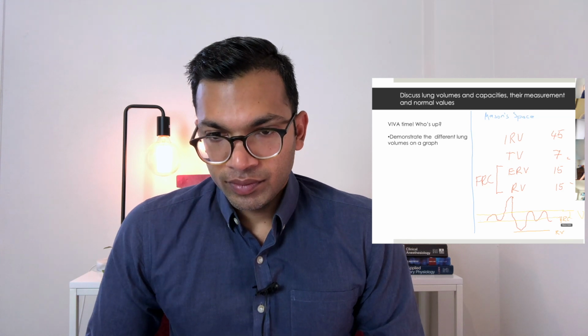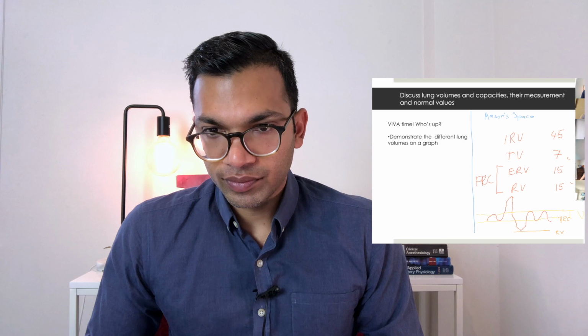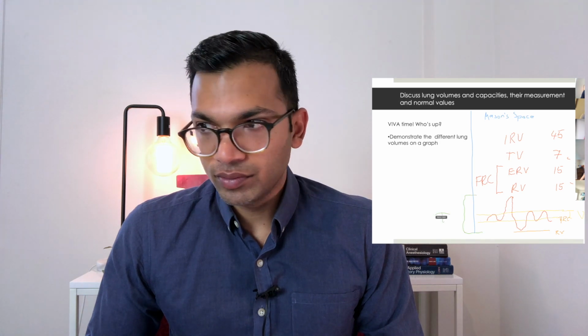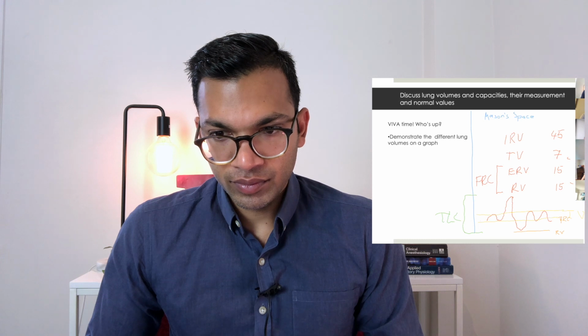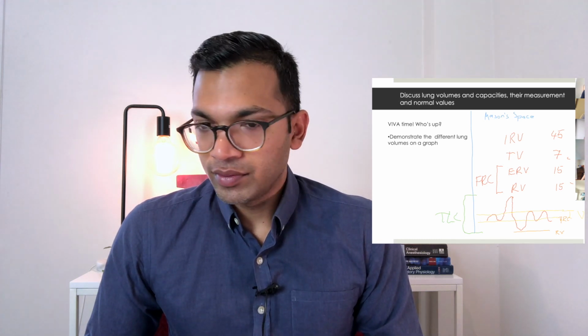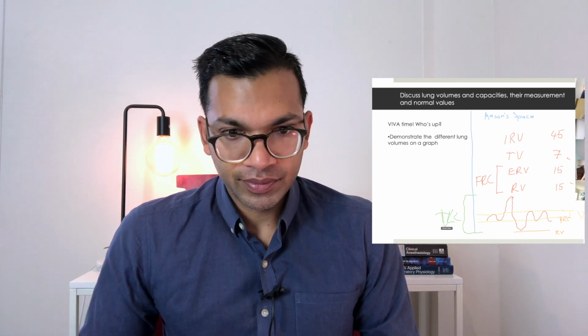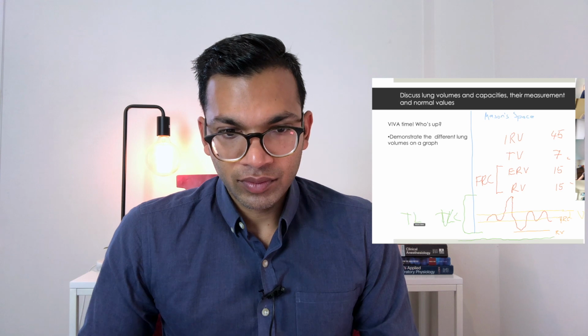And then let me see if I can go all the way to the left. So this here is total lung capacity, but then eliminating the residual volume, sorry, that's my vital capacity. And then that's the base, and then total lung capacity is down here.